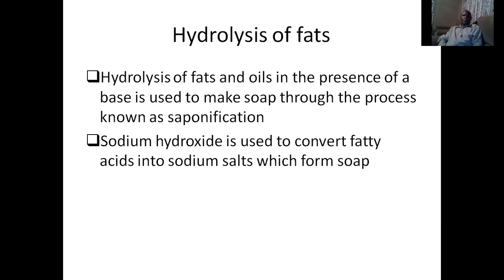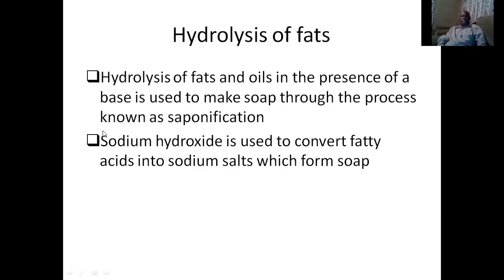However, if we form these fats, we add a base. The base is sodium hydroxide. We can convert these fatty acids into sodium salts, which form the soap that we use in our homes.